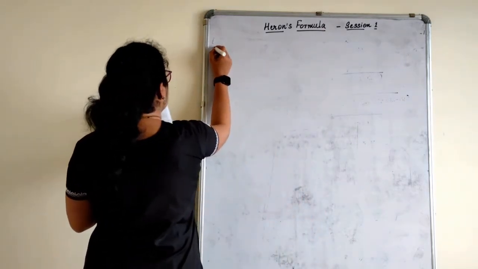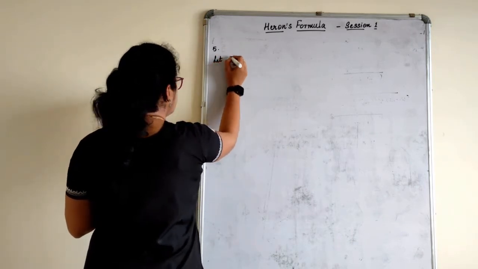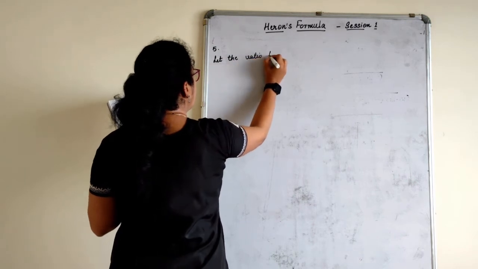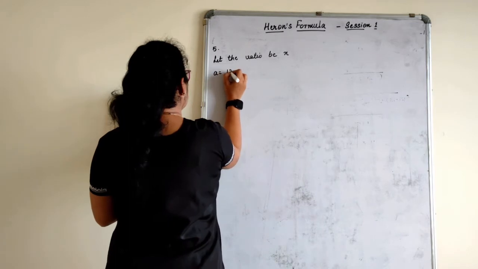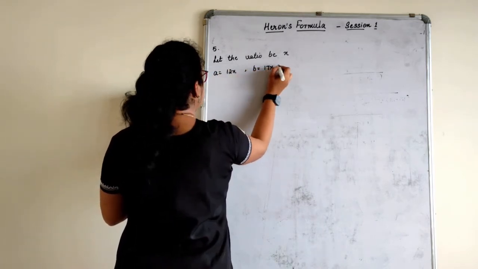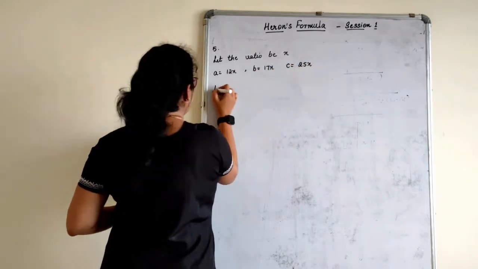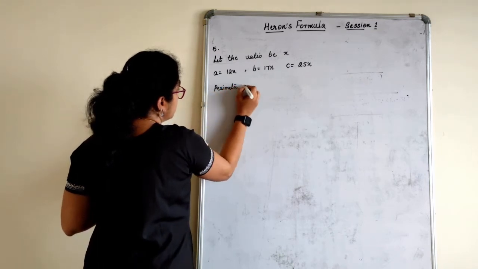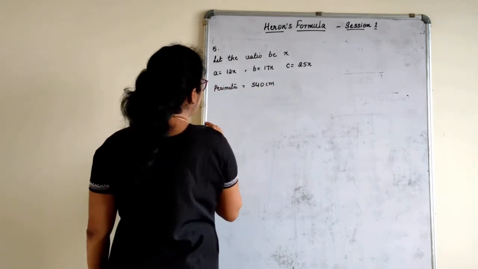The sides of the triangle are in the ratio they have given. So anything you can take in ratio, I'll take it as x. So A is equal to 12x, B is equal to 17x, and C is equal to 25x. Perimeter is 540 centimeter. Find area.